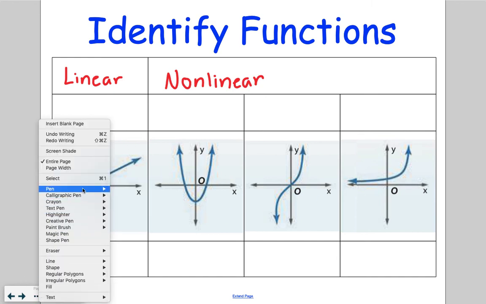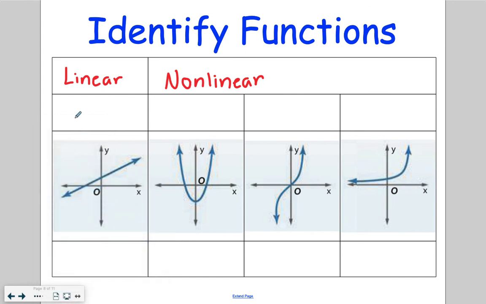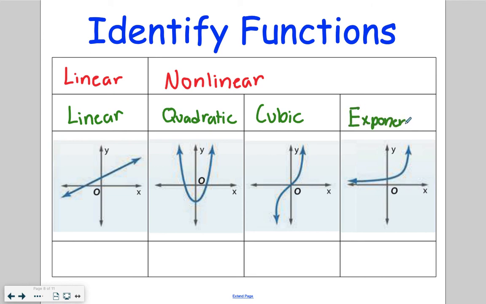Then the specific types we had: linear is just called a linear function. The 3 types of nonlinears we looked at were quadratic with that parabola, that U shape, the cubic, which had the part that went up and the part that went down, and then what we looked at today, which was our exponential function with that flat line tail and then the curve going up.